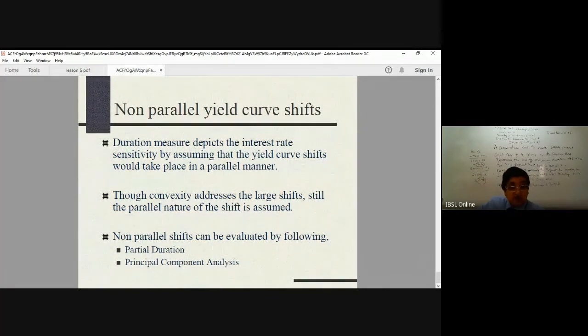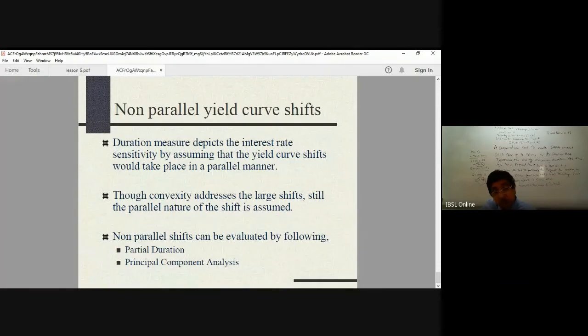But there are two methods which you can apply to arrive at the sensitivities of non-parallel yield curve shifts.